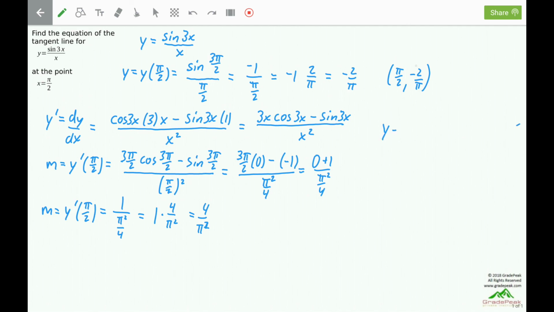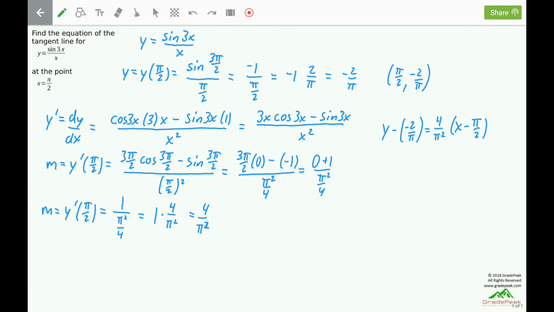Y minus the y coordinate of the point, negative 2 over pi, equals the slope, 4 over pi squared, times x minus the x coordinate, that's pi over 2. So this is the point slope formula.